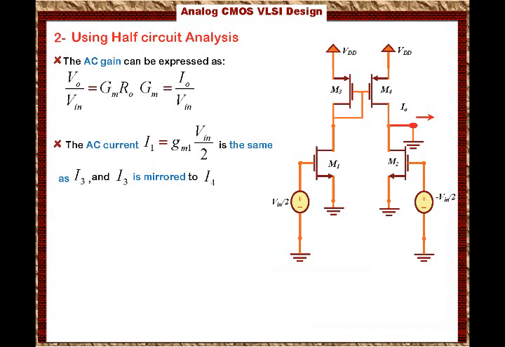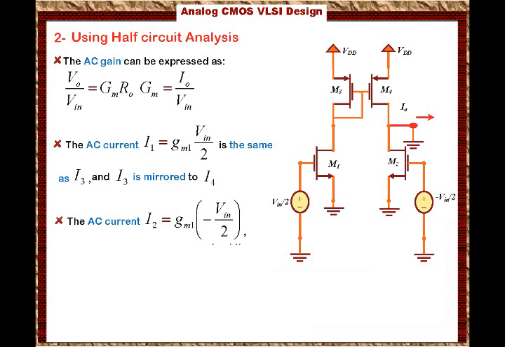So basically what we are saying here is I1 equals I3, and I3 is mirrored to I4. So I4 is the same as I1. On the other hand, we also know that the AC current for transistor 2, I2, will equal GM1 times minus Vn over 2. We use GM1 here because GM1 and GM2 are the same by symmetry, and the voltage for transistor 2 is the negative voltage, minus Vn over 2.